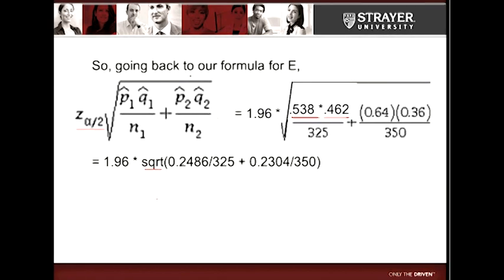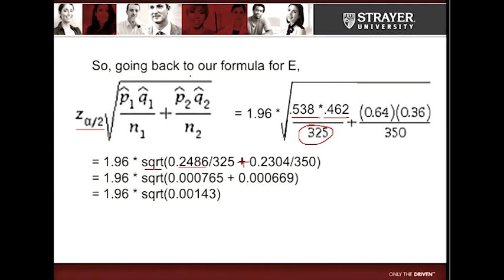So we have 1.96 times, and then of course I don't really have a symbol for that big square root, so I just write SQRT, times 0.538 times 0.462, which is 0.2486, over the 325, plus 0.64 times 0.36, which is 0.2304, over the 350.